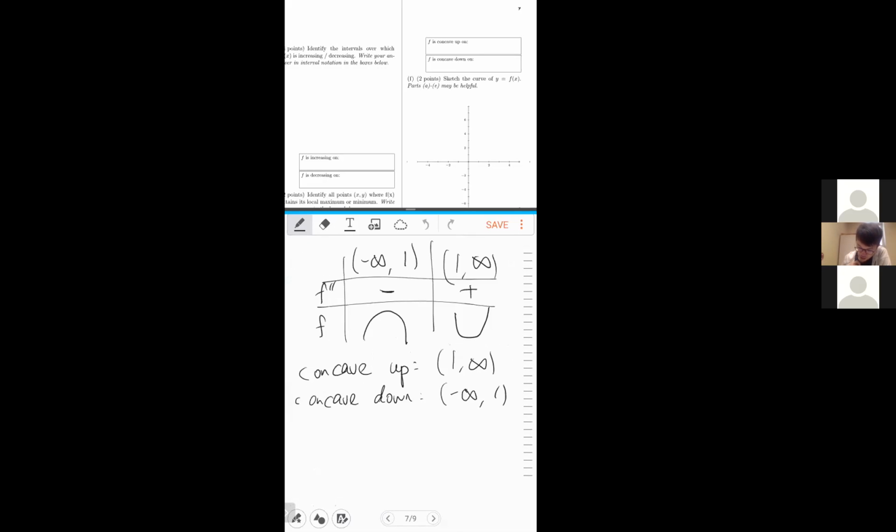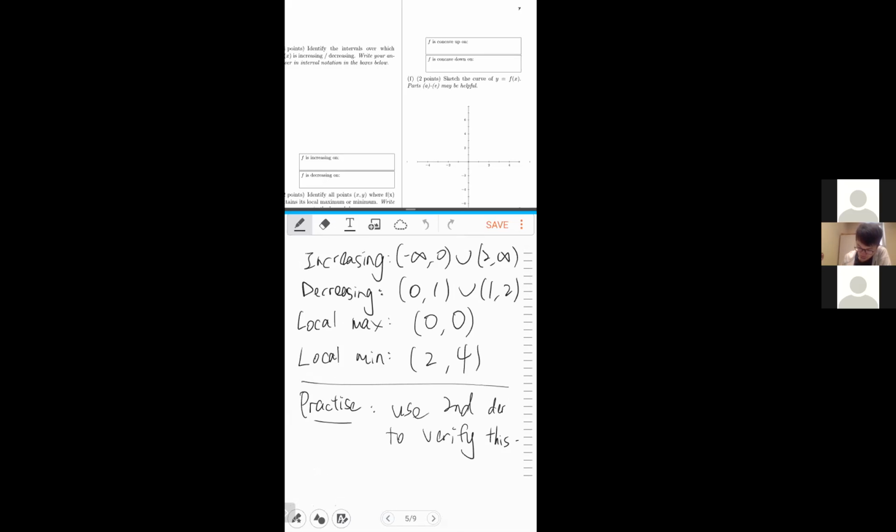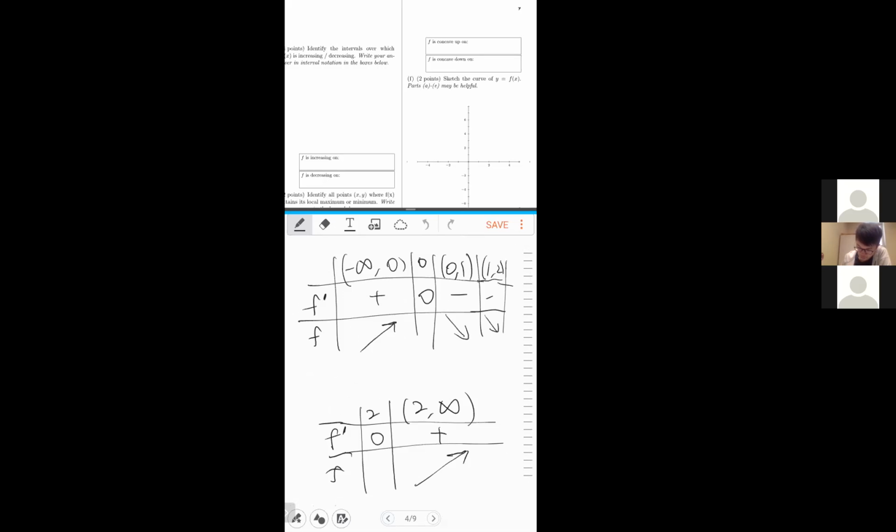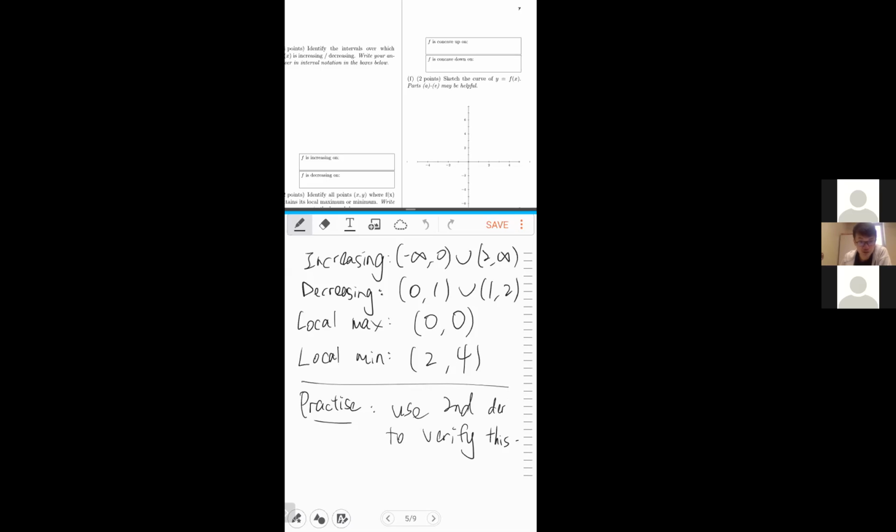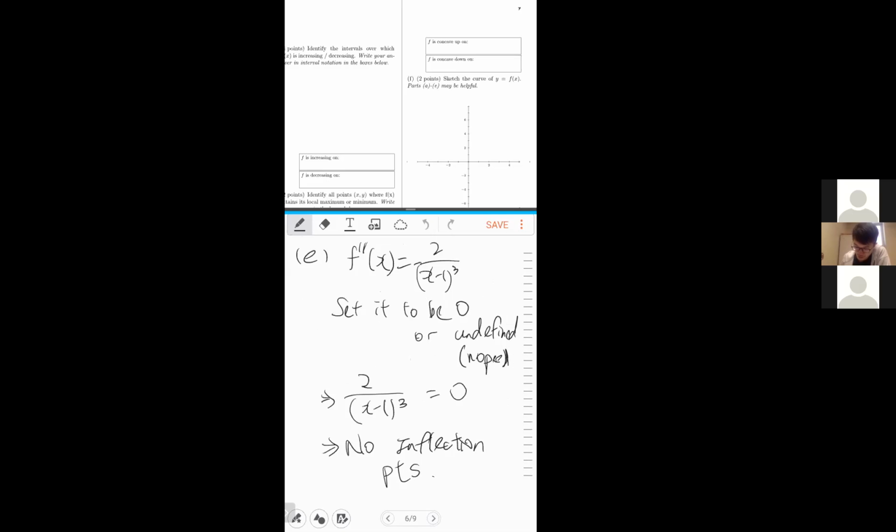And you can check that this also agrees with what we found for increasing and decreasing. So increasing from negative infinity to 0, that's correct, and 2 to infinity, that's correct as well. And it's decreasing from 0 to 1, and then 1 to 2. That's also correct. Make sense? Any questions?